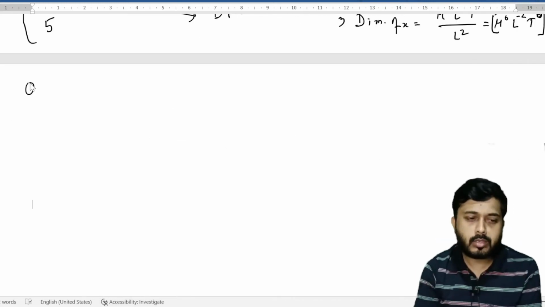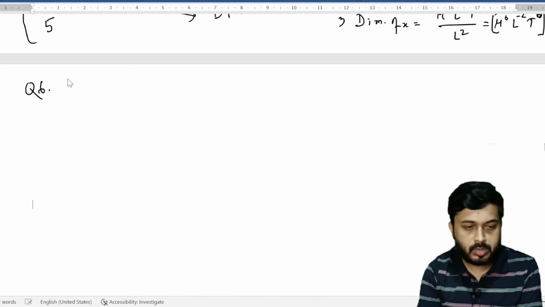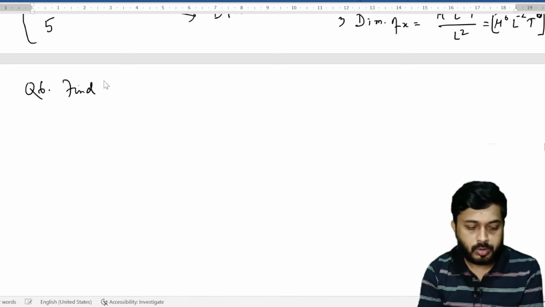Let's come to the next one. Question number 6. What does it say? Find the dimensions, a tricky one.